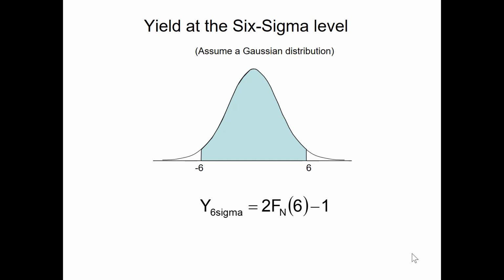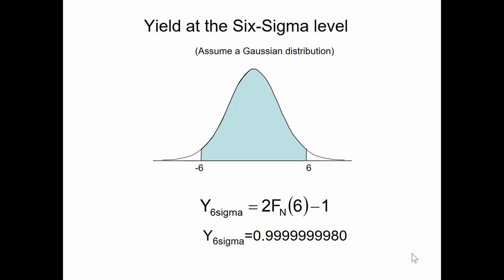If you want to look that value up, it's twice the cumulative distribution function at the limit, since it's symmetric, twice the cumulative distribution at 6, minus 1. And you'll find that yield is 0.9999, a whole bunch more 9s than an 8.